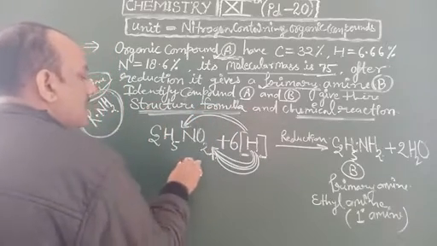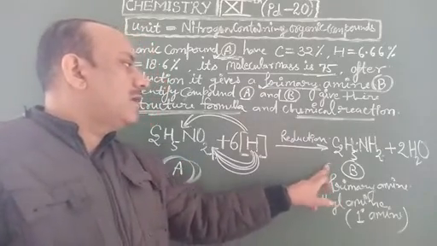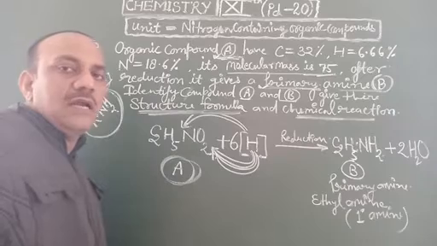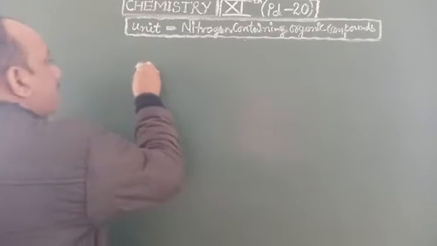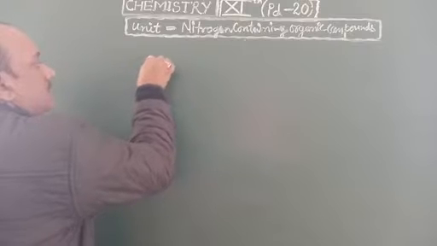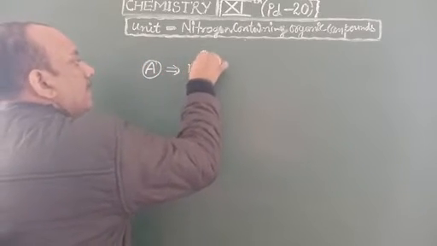So here this one is compound A and this one is B, and their structural formulas are given as follows. Compound A is known as nitroethane.